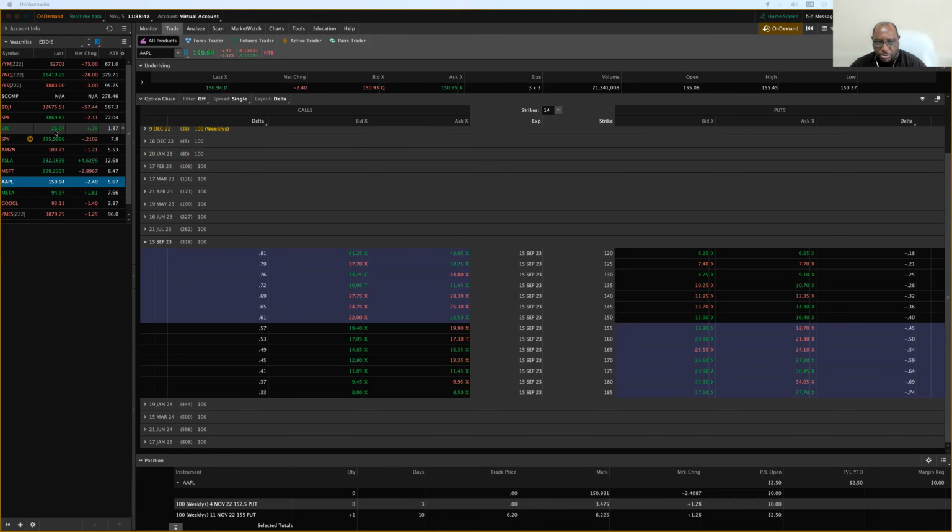You can see that there's a direct relationship here between the volatility and the premium. Same strike, same date, same expiration, right?